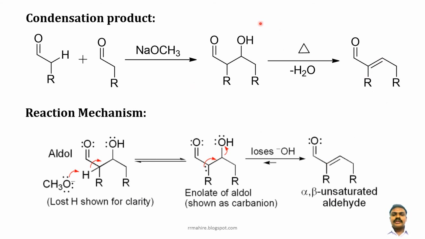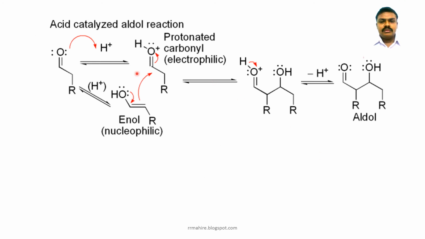While in aldol reaction we get the aldol as the product, in aldol condensation we get the alpha beta unsaturated aldehyde. I repeat again, in aldol reaction, we get the aldol as a product. In aldol condensation, we get the carbon-carbon double bond, that is the alpha beta unsaturated aldehyde.